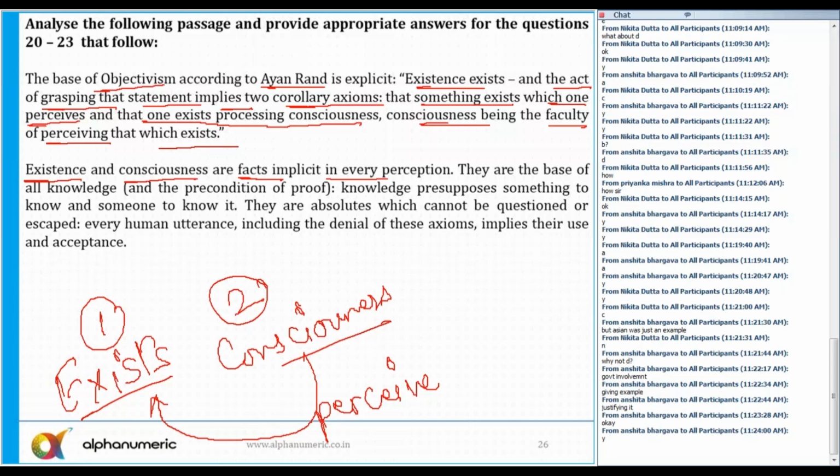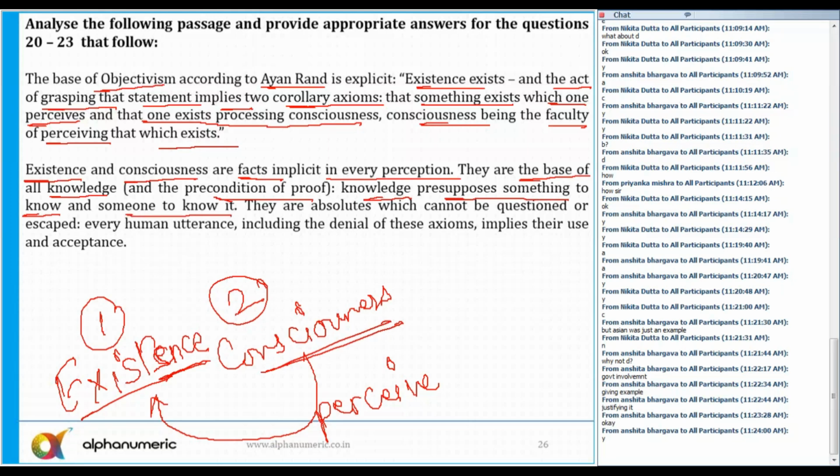Something will have existence and we have consciousness through which we can perceive the existence. They are the base of all the knowledge. They are the precondition of proof. Without an existence and without consciousness, you cannot have knowledge. Knowledge presupposes something to know and someone to know it.